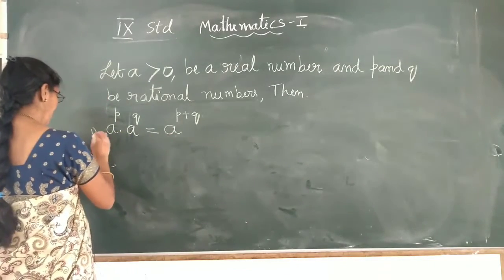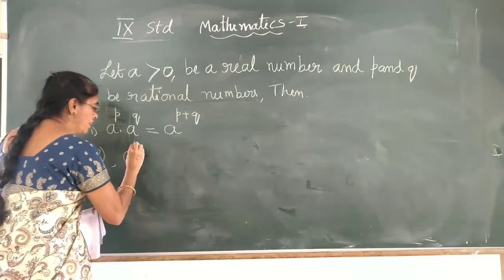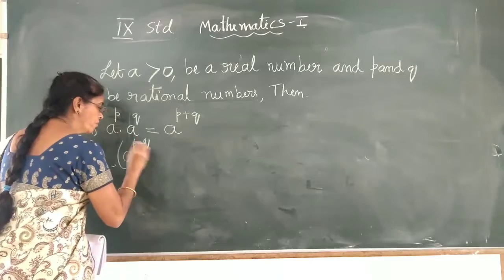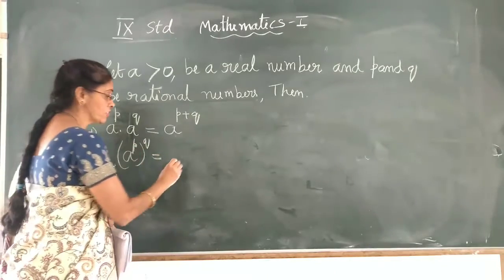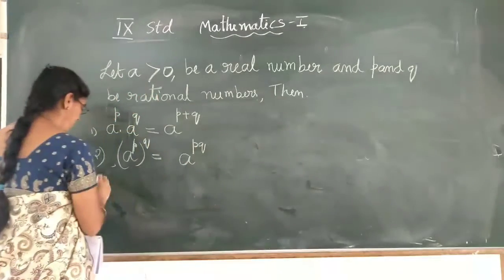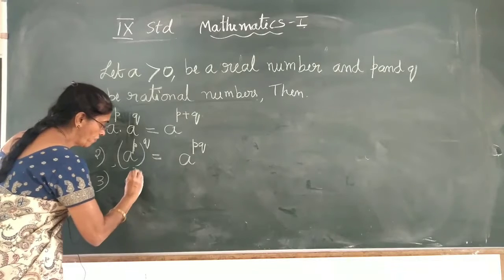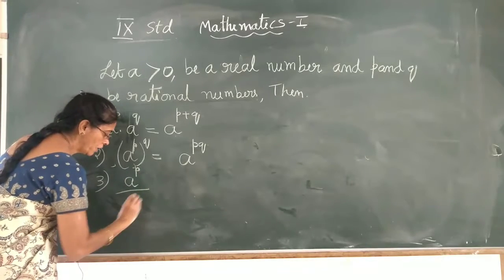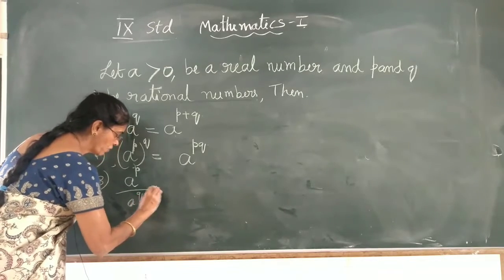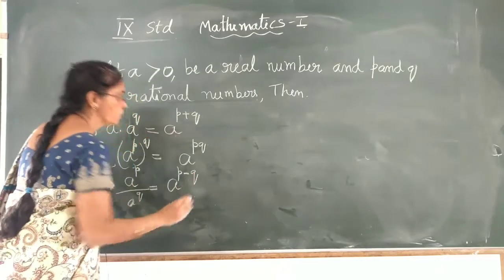Then the second rule is a to the power of p, to the power of q. Same rule as you studied, it is a to the power of p into q. The third law is a to the power of p divided by a to the power of q is equal to a to the power of p minus q.